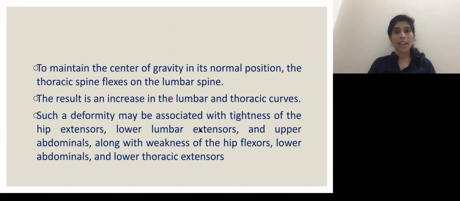To maintain the center of gravity in its normal position, the thoracic spine flexes over the lumbar spine. As a result, there are excessive lumbar and thoracic curves, and such deformities may be associated with tightness of the hip extensors, lower lumbar extensors, and upper abdominal muscles, along with weakness of the hip flexors and lower abdominal muscles.